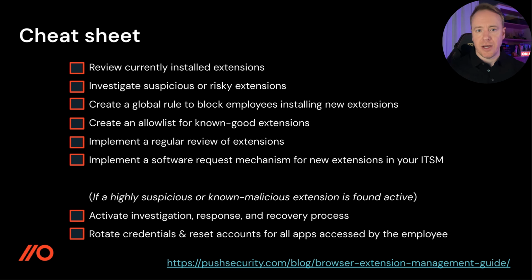So real quick, a cheat sheet for our malicious extension or risky extension playbook here. First, we need to take inventory, see what's out there, and investigate any suspicious or risky extensions. We then want to implement some policies that enable us to block globally any unapproved or unknown extensions, regularly review that policy, and monitor for any changes.